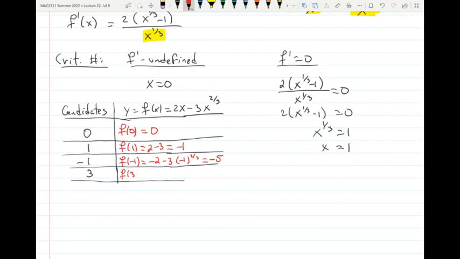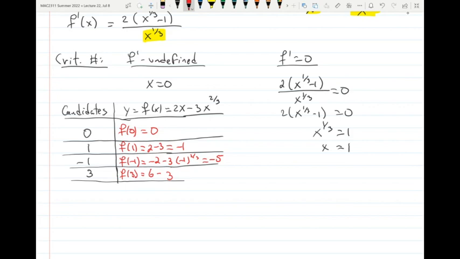And then f of 3 is going to be 6 minus 3 to the 2/3 times 3.